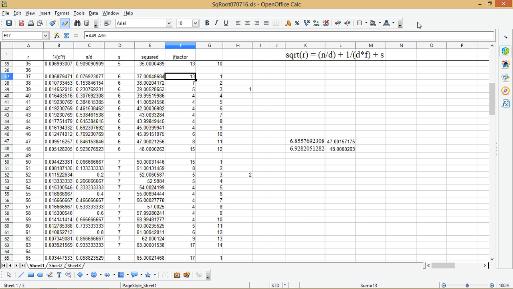Okay, but what I want to talk about right now is, you'll notice that 48 for the value f is 2 greater than the 13. So the last natural number in the data set, in this case 48, for the value f will always be 2 greater than the value for the first number in the data set, 37.